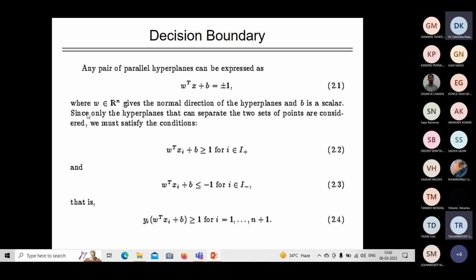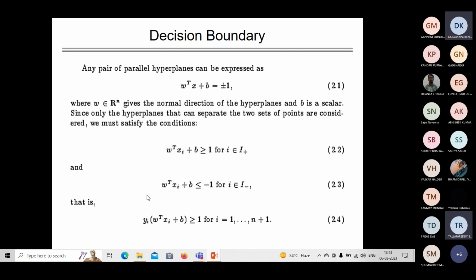And since only the hyperplanes that can separate the two sets of points are considered, we need to satisfy some conditions. What are the conditions? If Xi is any feature vector or pattern, then W transpose Xi plus B is found to be greater than or equal to 1 for Xi belonging to the positive class of green points.